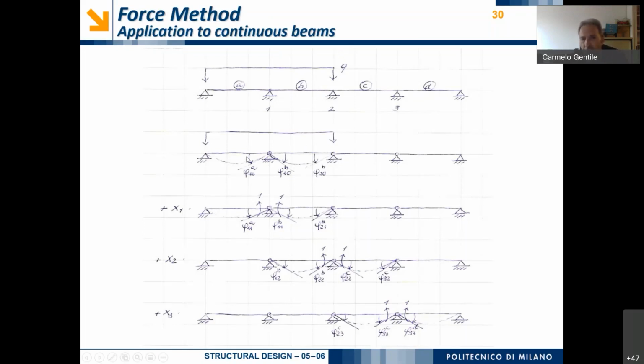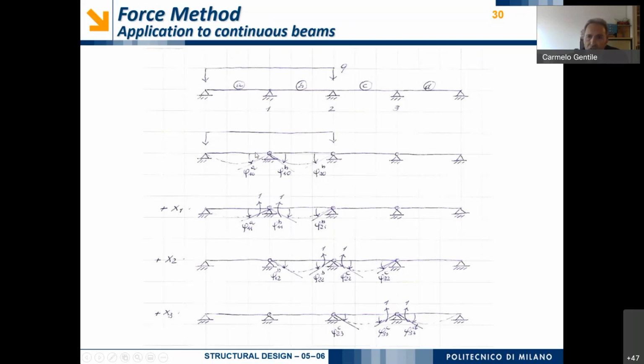And so, for example, we have rotation corresponding to the intermediate support number 1. And so we have, for example, these rotations phi10A and phi10B, that are the 2 rotations at the opposite sides of cross-section number 1.